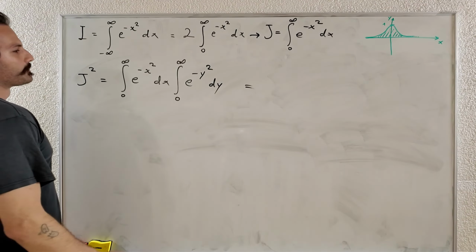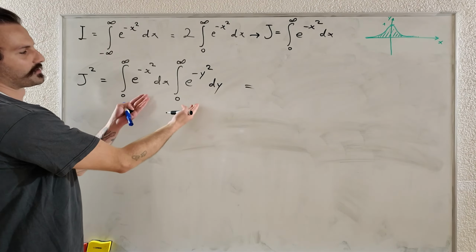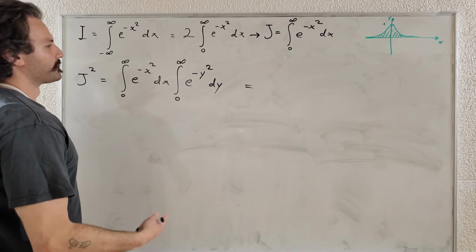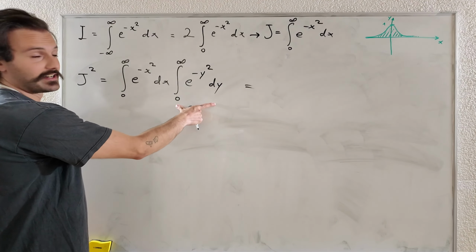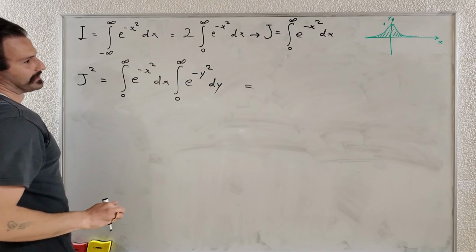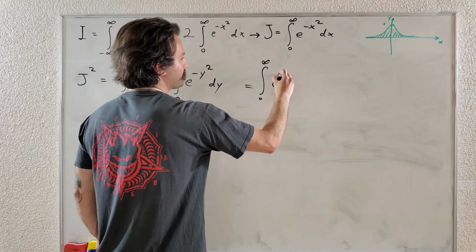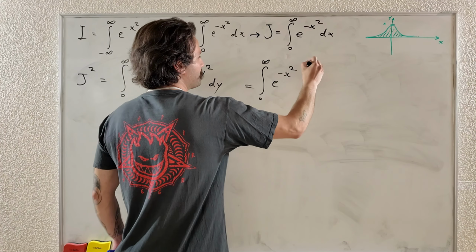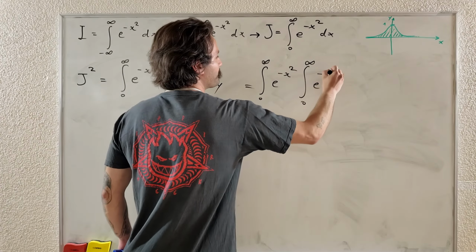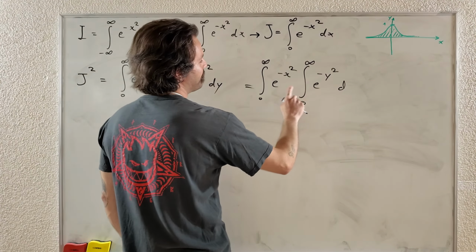Since both functions are non-negative, and those are actually the same functions, by Tonelli's theorem we can bring this integral inside the dx integral. So this gives us the integral from 0 to infinity of e to the power of minus x squared times the inner integral from 0 to infinity of e to the power of minus y squared, and the integration order is going to be dy and then dx.